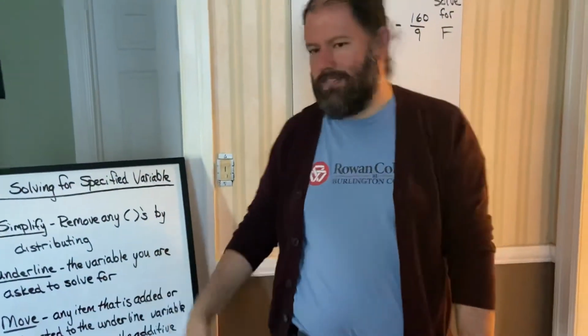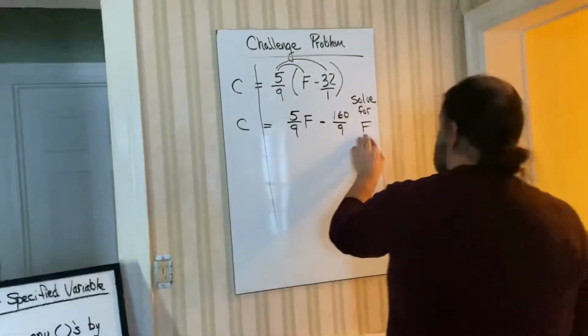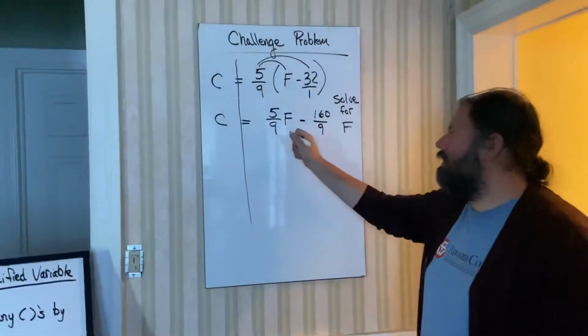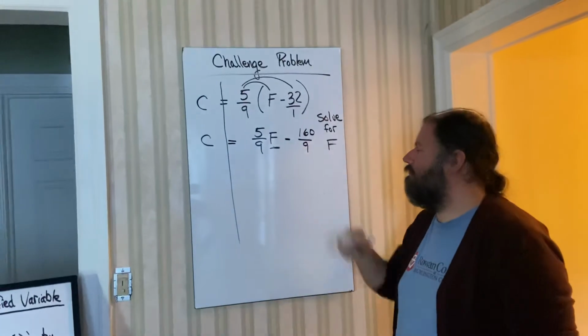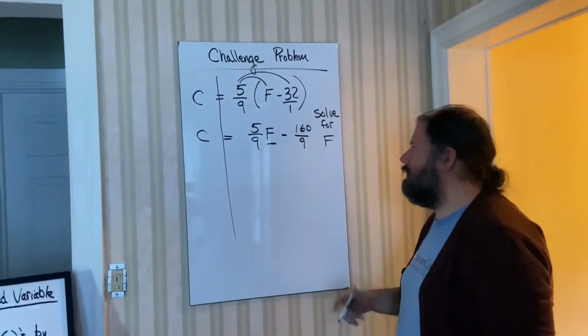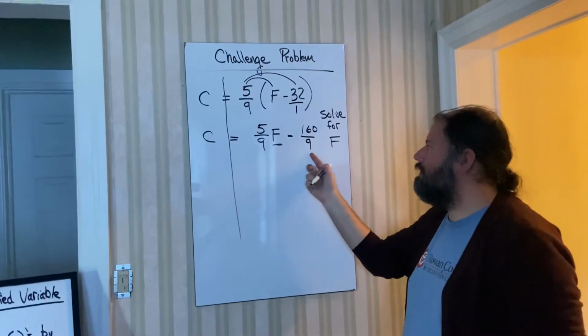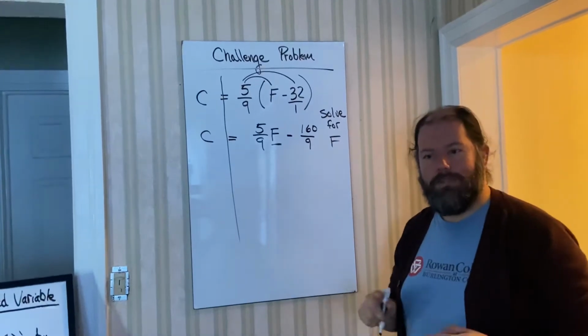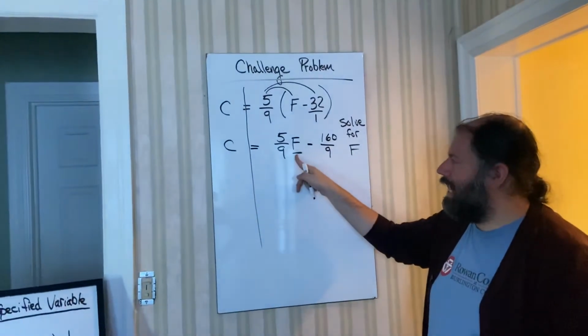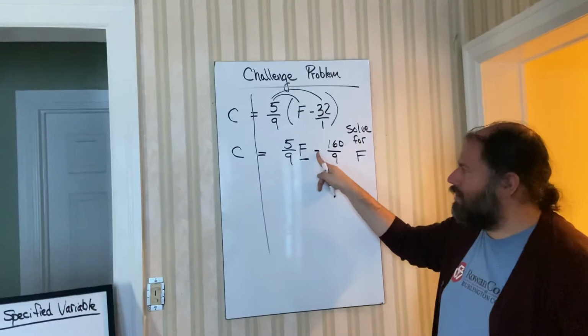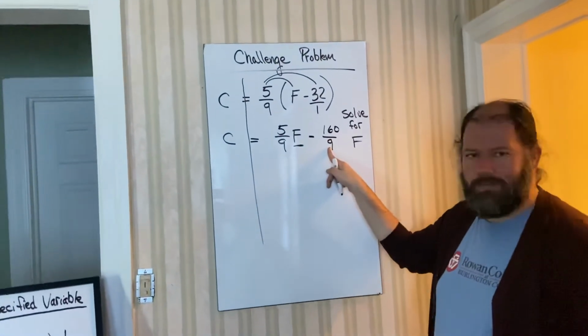Next step, underline the variable that you're asked to solve for. Notice that we're asked to solve for letter F. So I'm going to underline the letter F. The next thing that you want to do, moving. Remember, anything that's added or subtracted, see how that's subtraction? Then we're going to have to move this guy.